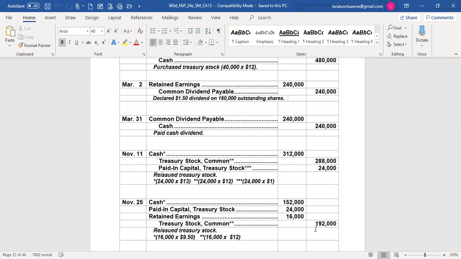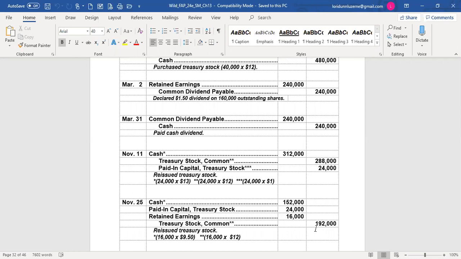If I do, does it have a credit balance? Yes, it has a $24,000 credit balance. Well, I will debit that for either the loss or up to the point that account is zero. So that's why we debit paid in capital only for $24,000.